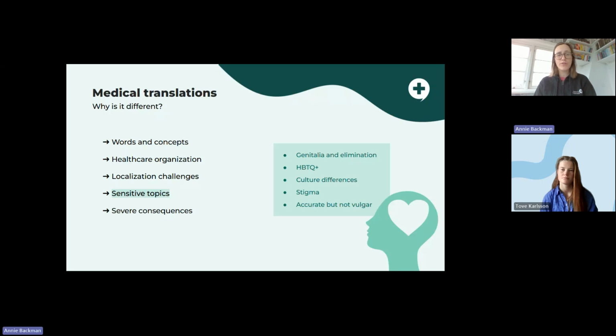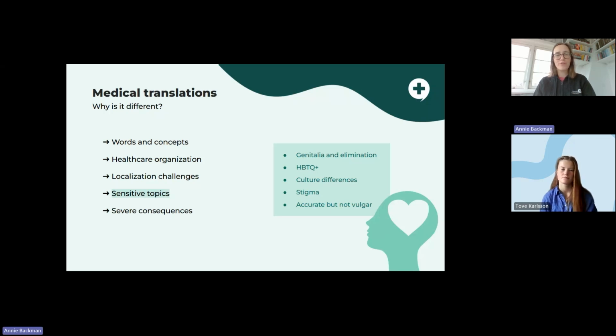But that also goes for psychiatric diseases, for example. It's very different how open you can speak about things and how much you use euphemisms and other words when describing these things.